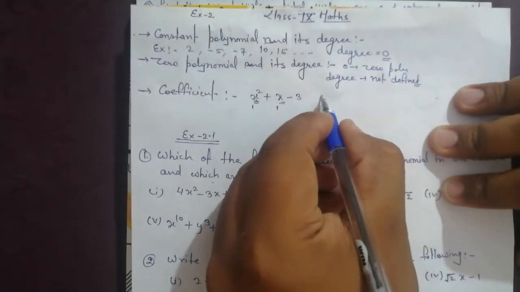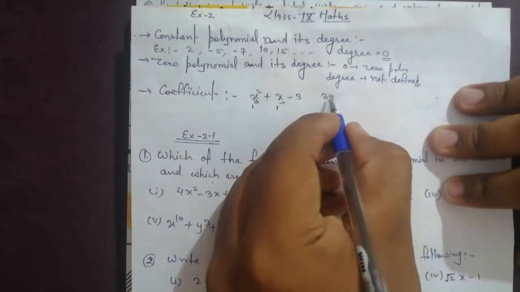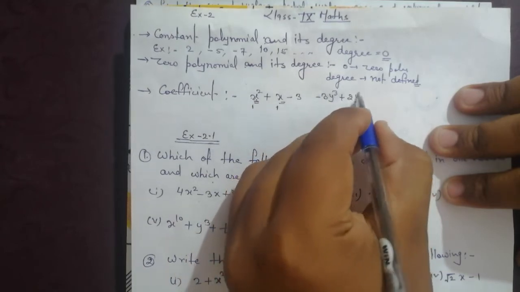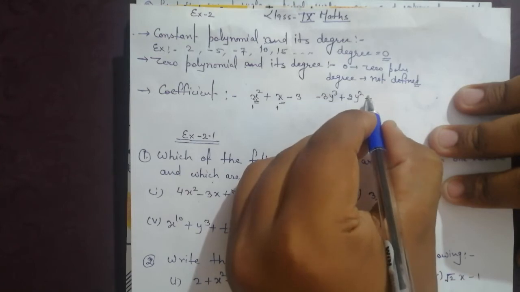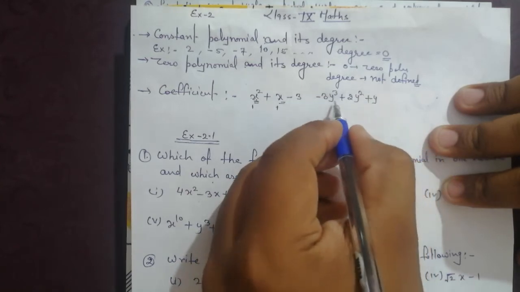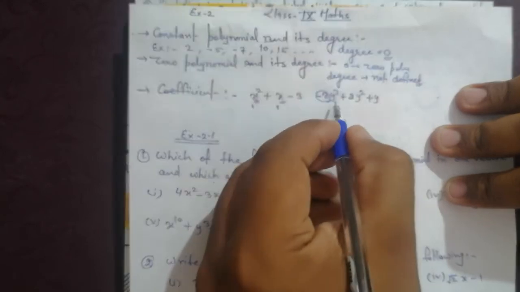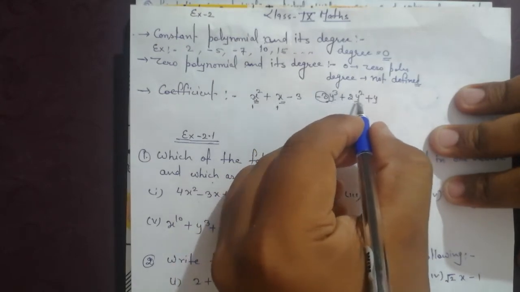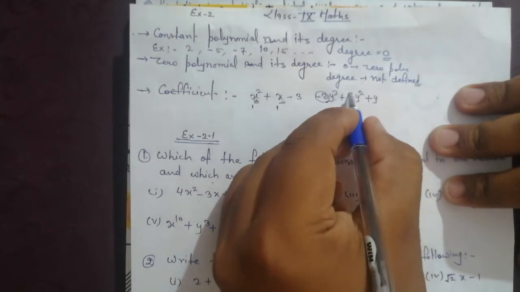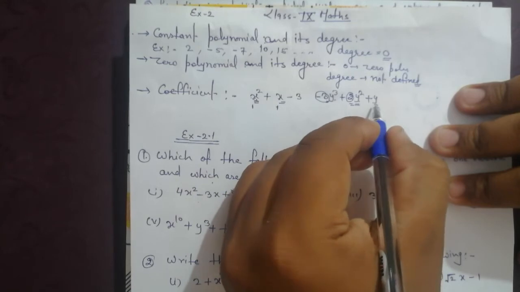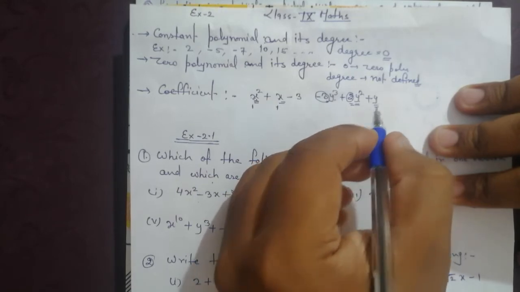Now suppose we have minus 3y cube plus 2y square plus y. Here the coefficient of y cube is minus 3, because minus 3 is with y cube, and the coefficient of y square is 2, and the coefficient of y is 1.